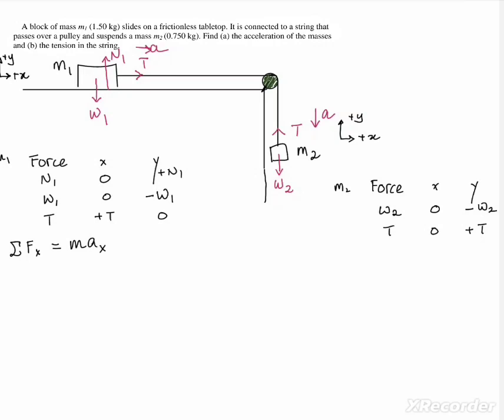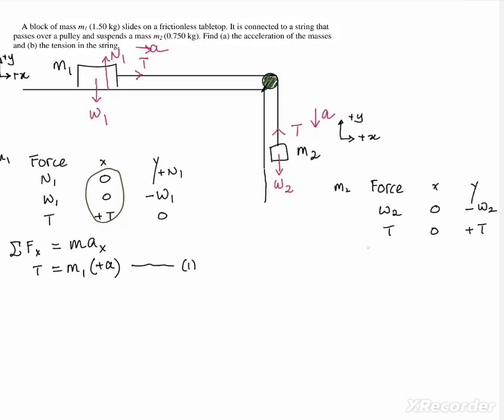So when you add the X components here, what we get is positive T, and that is equal to m1 times acceleration. And as you can see, acceleration is positive because it's going in the positive X direction for m1. So let's just call it equation 1.